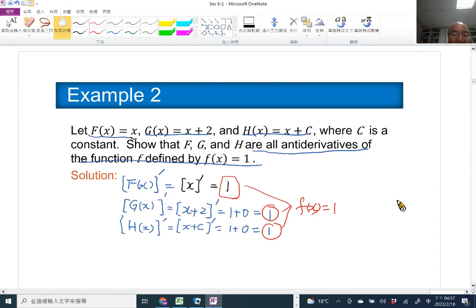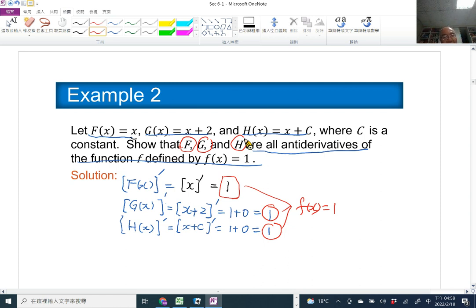So here we have capital F of x, capital G of x, capital H of x, which are antiderivatives for the function f of x equal to 1. And from this example, you'll see that an antiderivative is not unique.